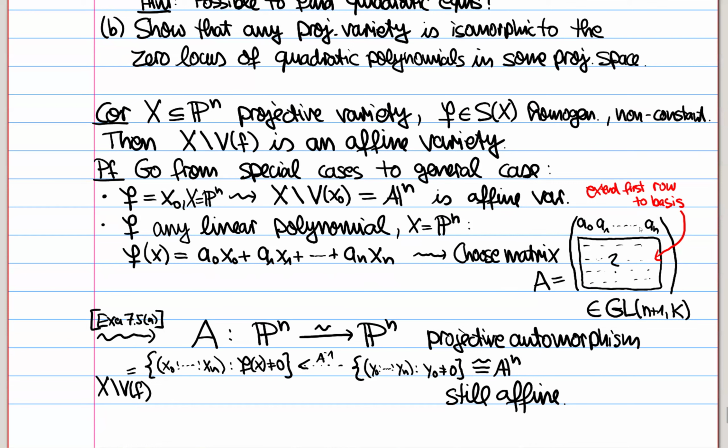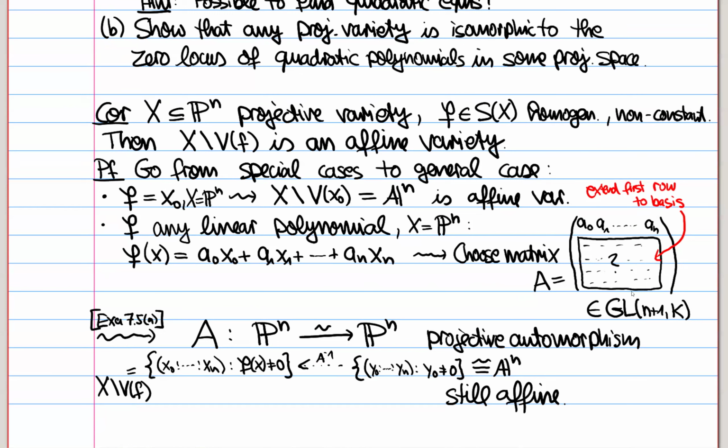We know this first row is non-zero because we want f to be a non-zero, non-constant polynomial. So we have one row which is non-zero, and then we just extend this somehow to a basis of k^(n+1). So we fill in some entries here so that we get an invertible matrix.